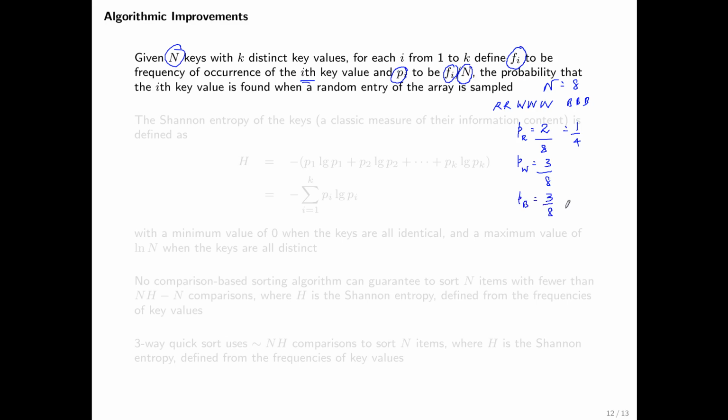So what this means is that if you have a box with these 8 keys, and you just reach into the box and pull an element out, the probability with which you will pull out an R is a quarter, and the probability with which you would pull out a W or a B is 3/8. So that's what we're saying here.